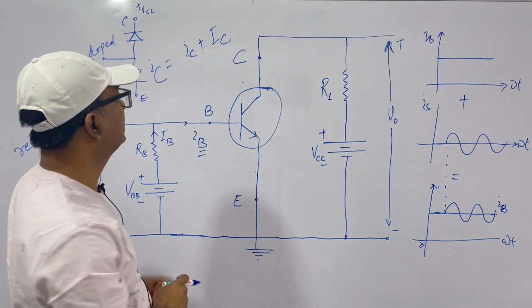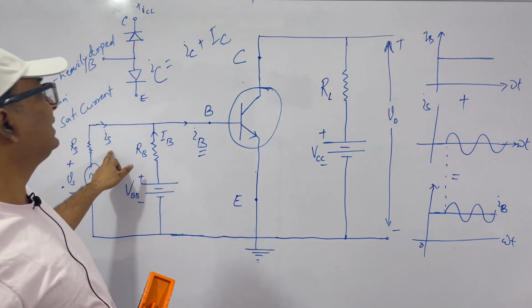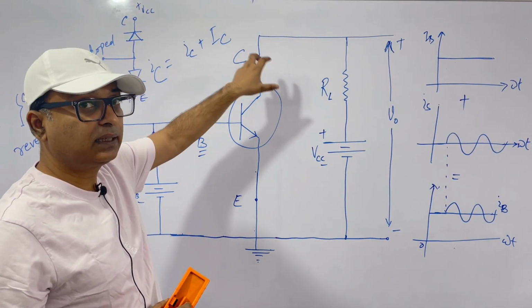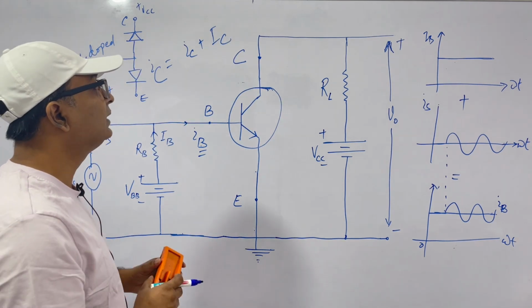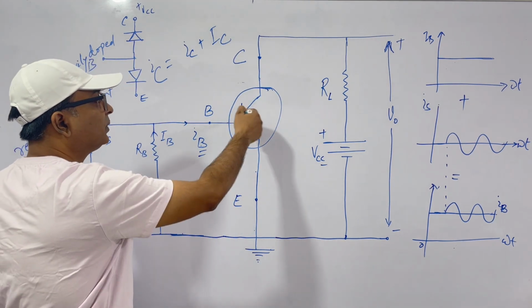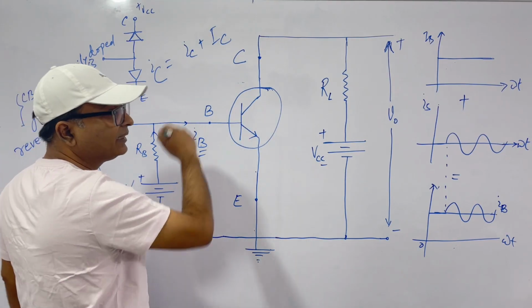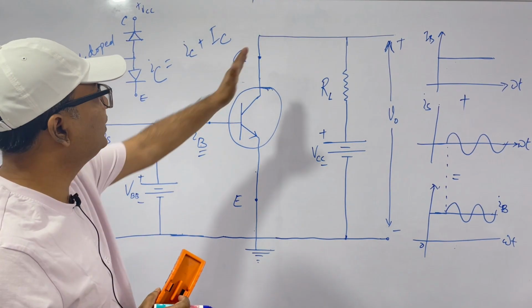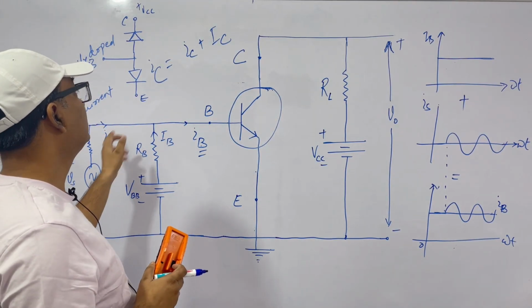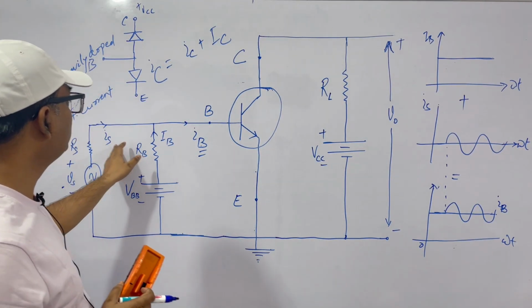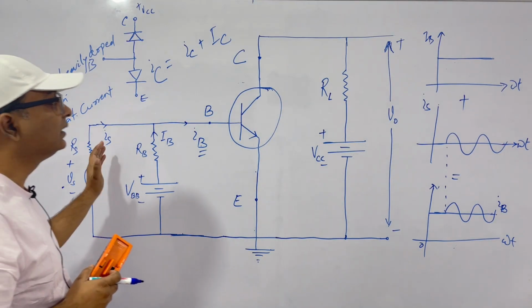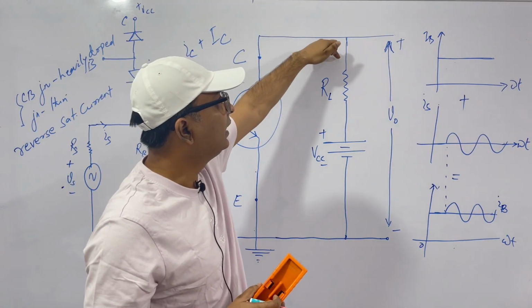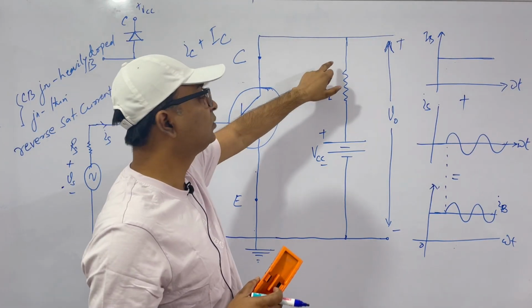This is small c, this is big C. Because of this Is, an AC component of collector current starts flowing in the collector circuit, and because of this particular design feature, what we get is an amplified version of Is. That is, this current is very large in comparison to this current. Therefore, the current gets amplified.